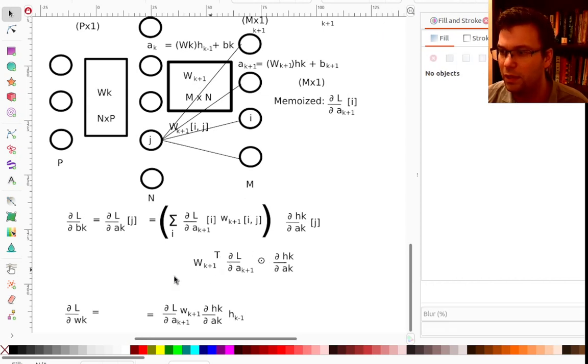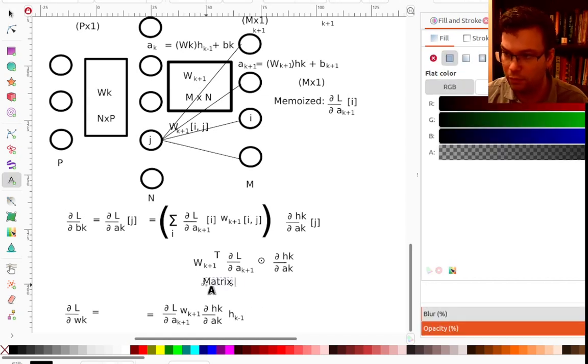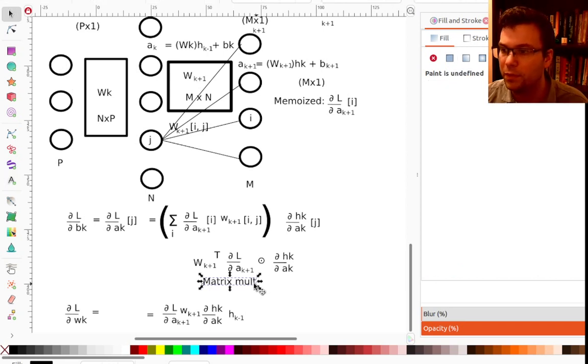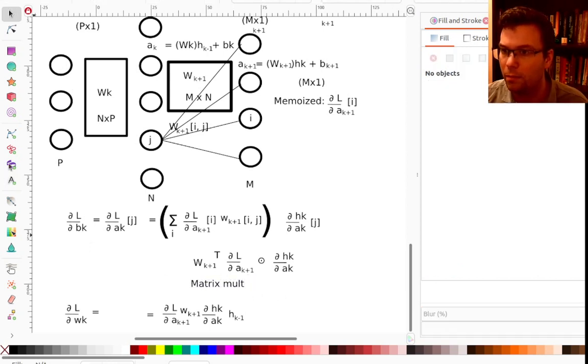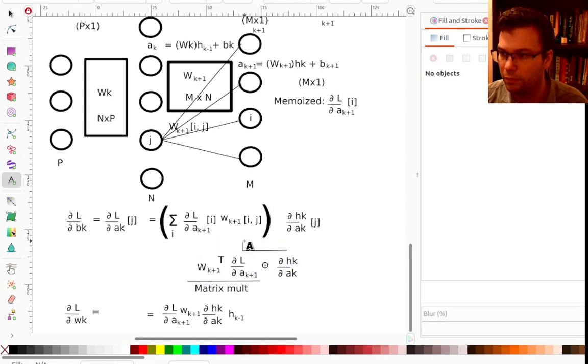This over here is a matrix multiplication, and this here is what's known as a Hadamard product, which is an element-wise multiplication.